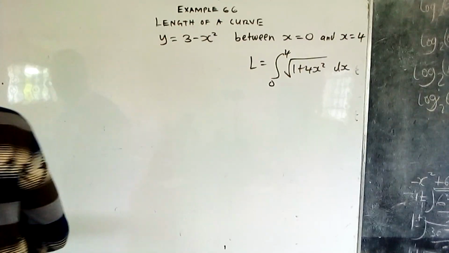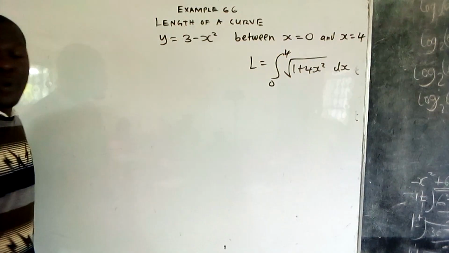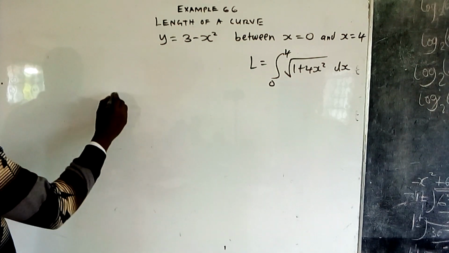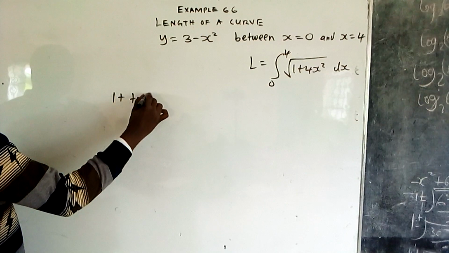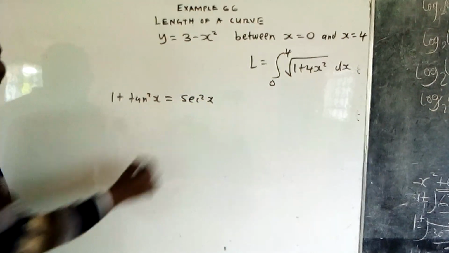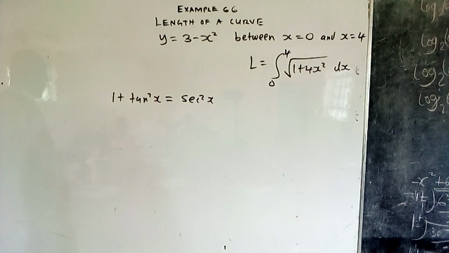When you have 1 plus something squared, that is usually the Pythagorean identity, whereby sin squared x plus cos squared x is 1. If you divide all this through by cos squared x, you always get 1 plus tan squared x equals sec squared x.